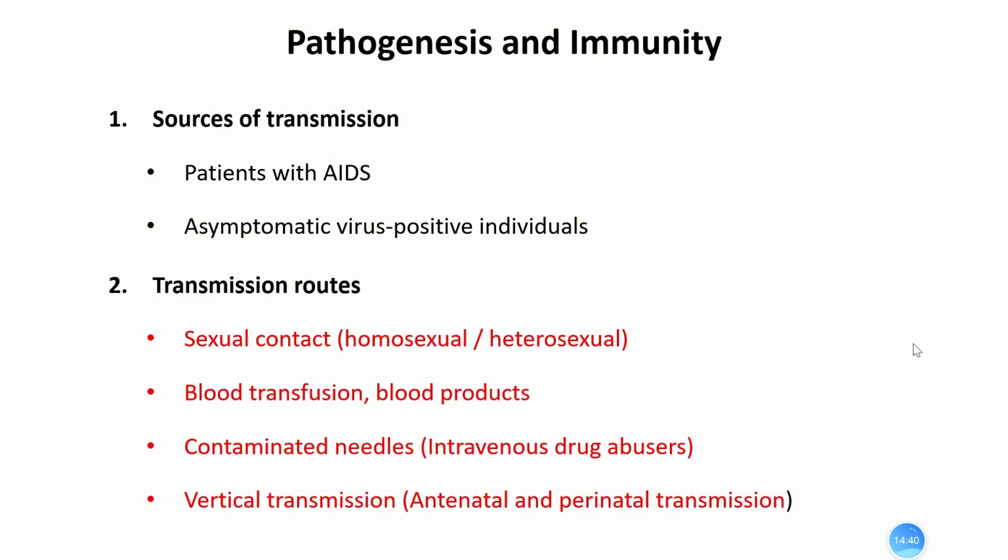Or it can be transmitted through blood transfusion or blood products. This was a very serious problem a long time ago, like in the 1990s here in China, because at that time most people didn't believe there was HIV infection in China. So they didn't check the blood transfusion.